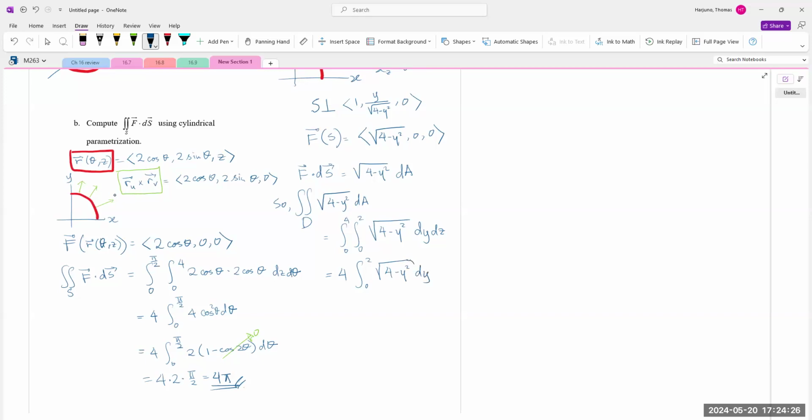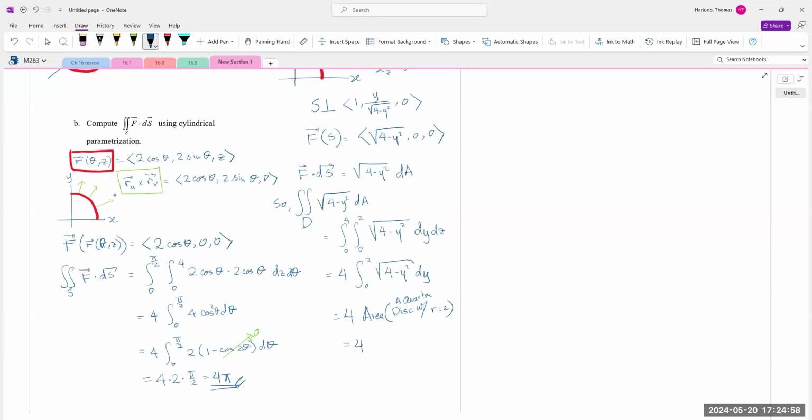Now you can use trig substitution you learned in calculus 2, but I think it's easier for us to just see that, hey, you know what? This is the area of a quarter disk with radius 2.